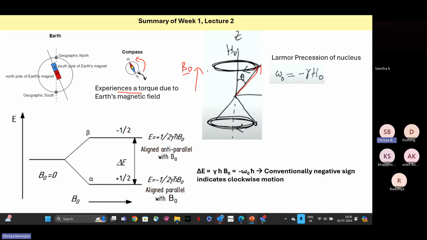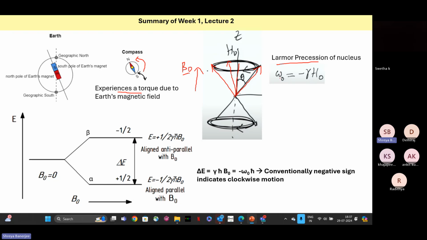And this is causing this arrow that is here to spin in this cone fashion. It will orient itself along different directions along the surface of the cone, and it will spin like that. And this is called Larmor precession.